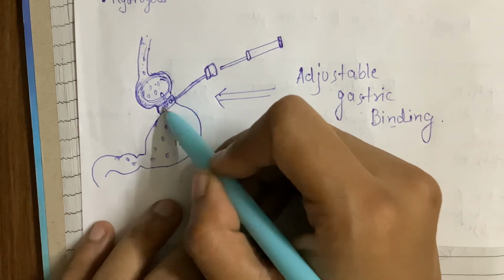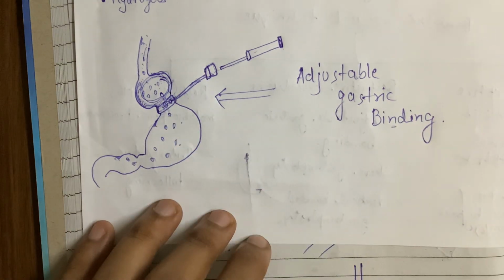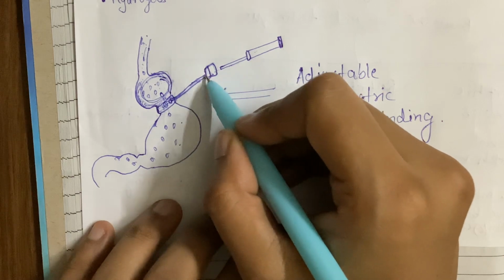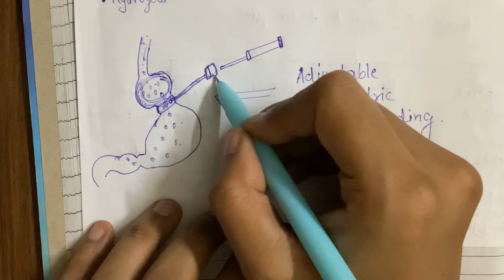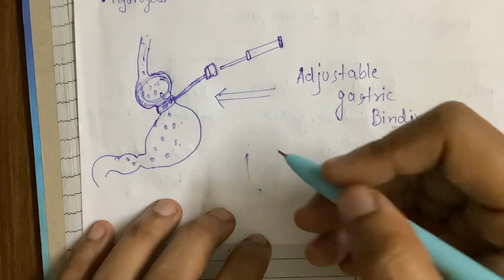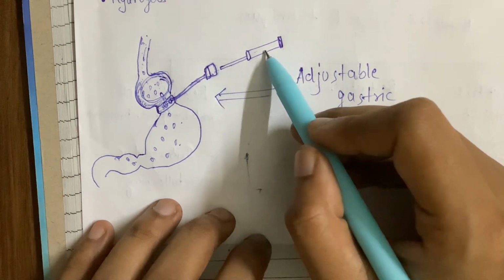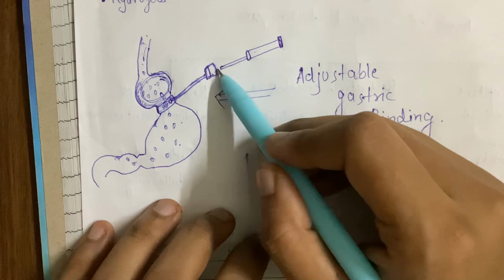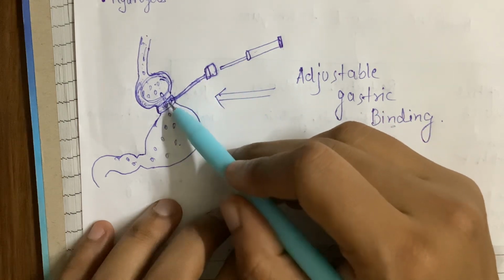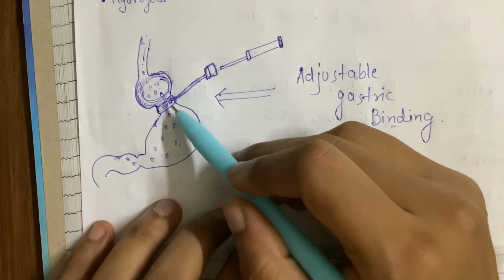Also, this band contains an inflatable balloon which is connected to a tube, and the other end of the tube is connected to a pot. This pot is kept attached beneath the skin of abdomen. Using a syringe, air can be infused through the pot into the balloon, and the balloon can be inflated, narrowing the lumen further.